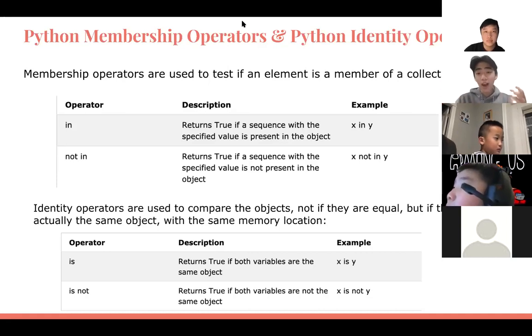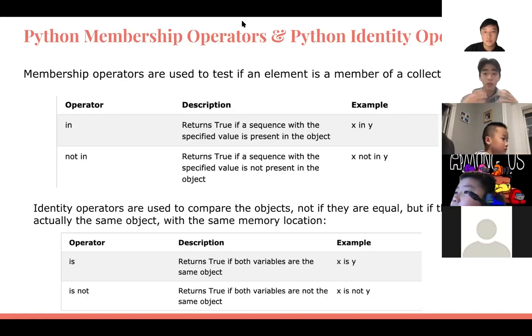So if I use identity operators to compare two variables with different data types, it's going to say they're different, even though they might have the same value. If I compare them, it'll still return false. So identity operators aren't to compare if the value is equal; it's to compare if they're the same data type.